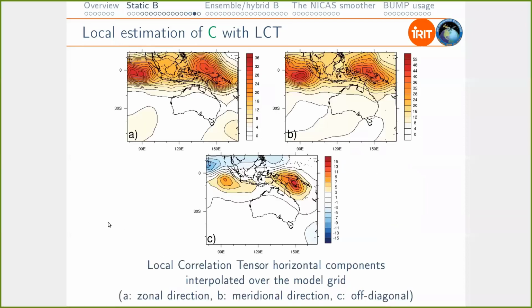Here is what we get for the horizontal components, interpolated over the model grid. The first one, A, is in the zonal direction, B in the meridional direction, and C is the off-diagonal component. This is interesting because for the ocean, for instance, it's important to have anisotropic correlation functions, for instance at the equator or in other places, and for many variables.